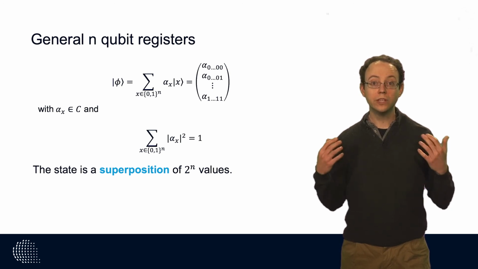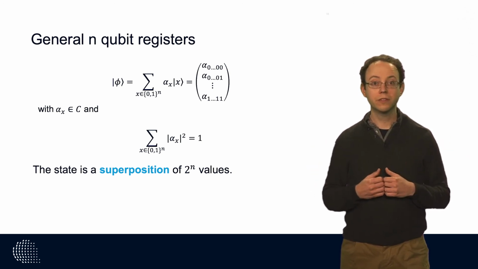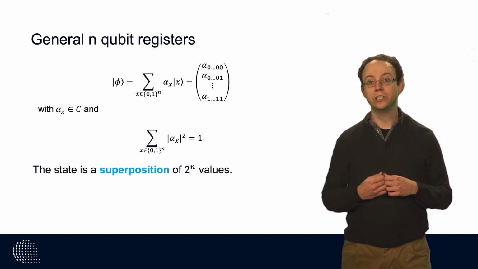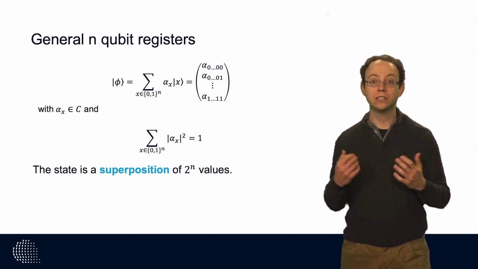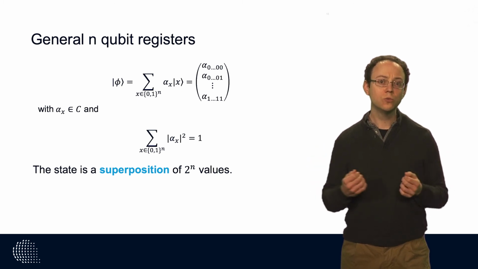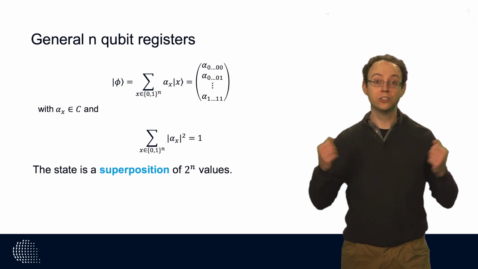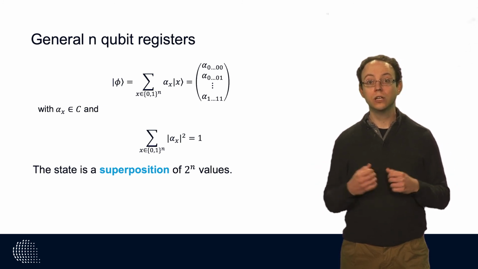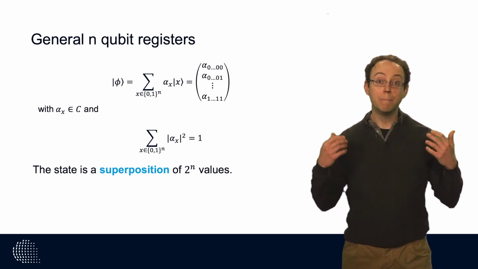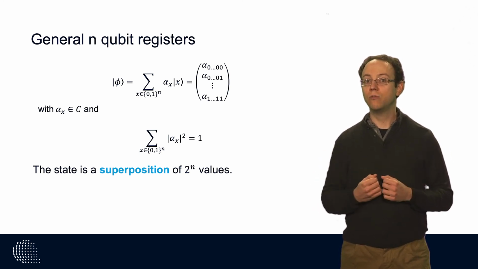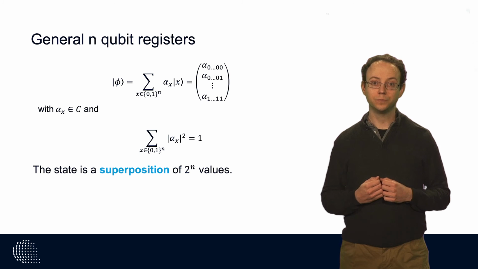So we have 2 to the n complex coefficients to start with. That means 2 times 2 to the n real coefficients. But, as we discussed, we can remove one to account for the global phase, and a second one for the normalization. So this leaves 2 times 2 to the n minus 2 real coefficients to specify the state of an n-qubit register.